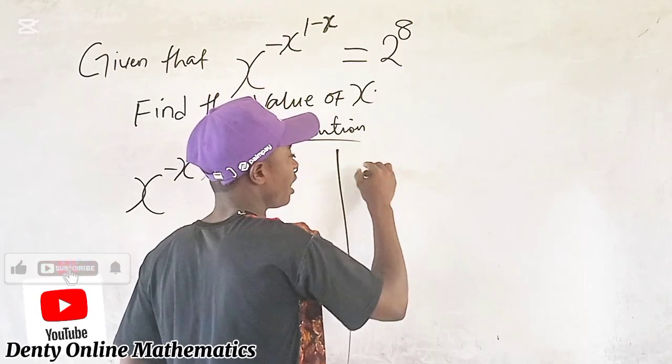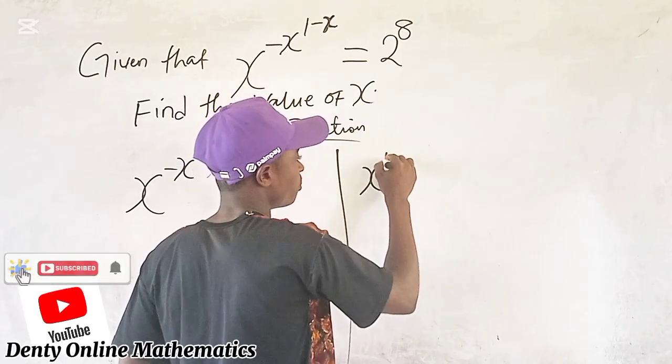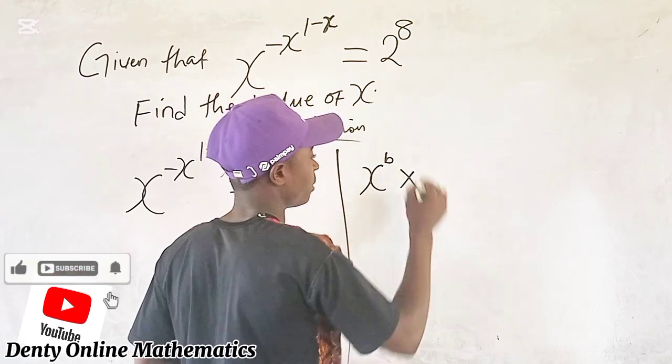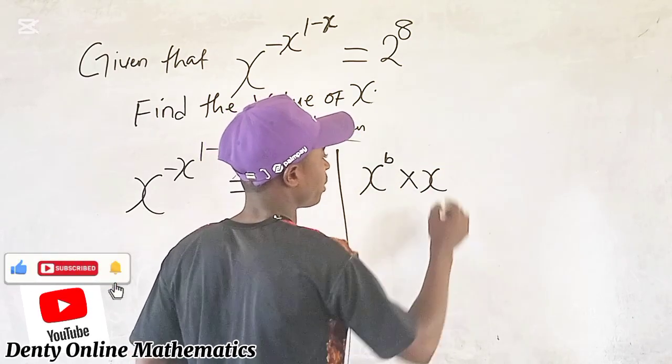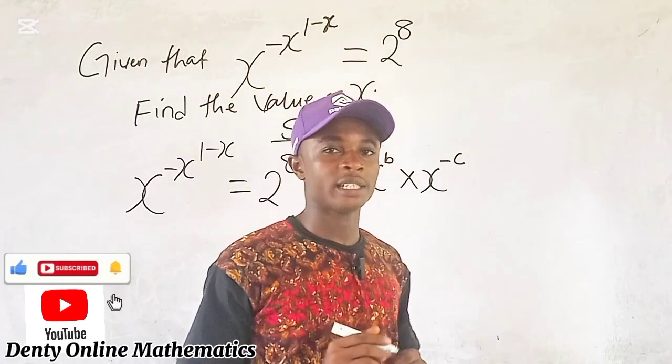If you have x raised to the power of b multiplied by x raised to the power of minus c, how can you simplify this?